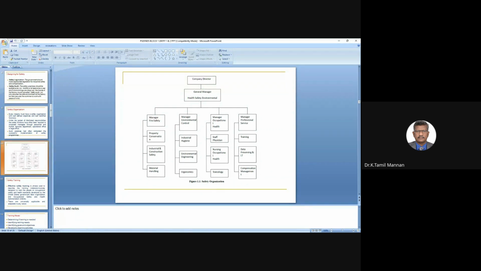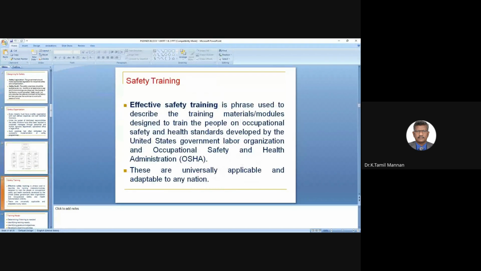So these are the four safety managers. The safety sections are under the safety general manager, and the topmost authority is the company directors.